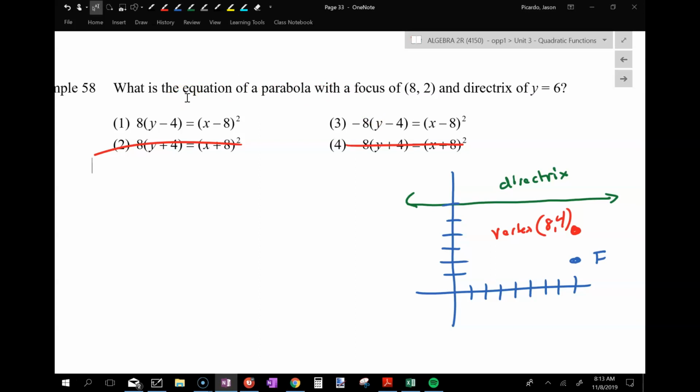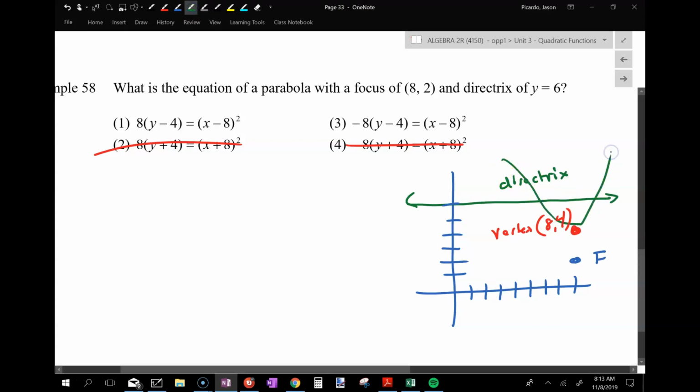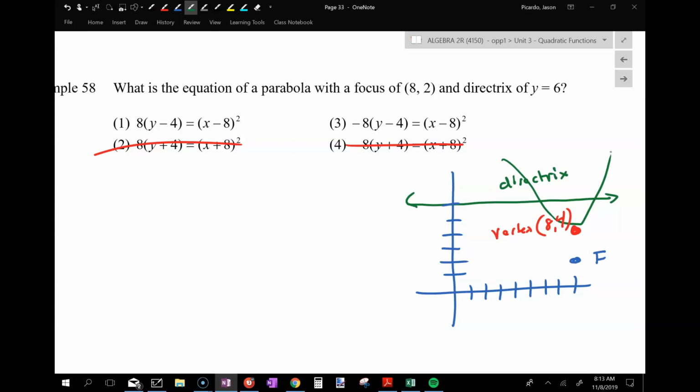Okay? There's one more thing I'm going to use to figure this out. Guys, if you see this picture, can my parabola look like this? What's wrong with that? There's no way that my parabola can go through my directrix, right? It doesn't make any sense. That's not going to meet the conditions that we talked about over there on the board, is it?